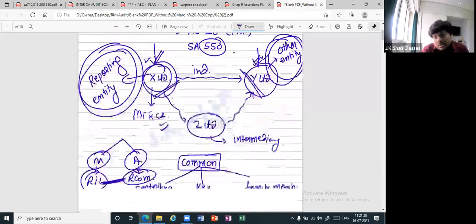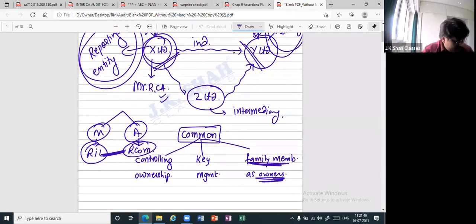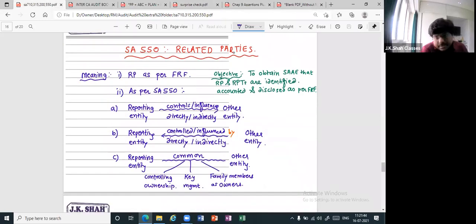All cool. See, have a look. Related parties. Firstly, what is the meaning of related party? Related party as per the applicable FRF, so obviously that is AS 18. Apart from that, as per SA 550, there are three things. Firstly, when the reporting entity controls or influences the other entity directly or indirectly through one or more intermediaries.